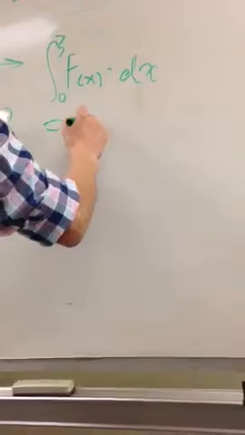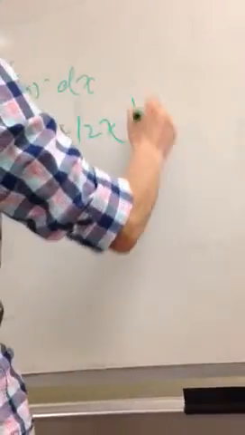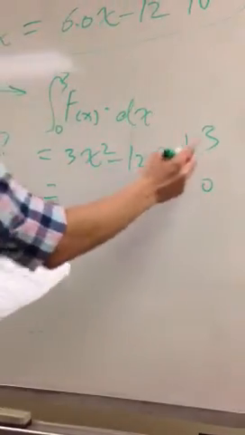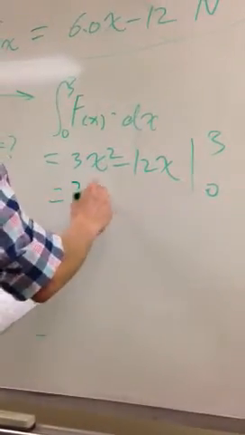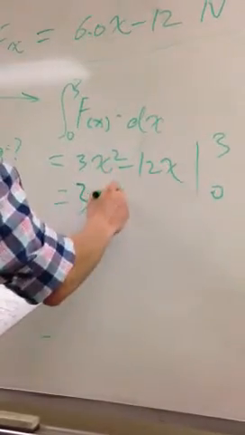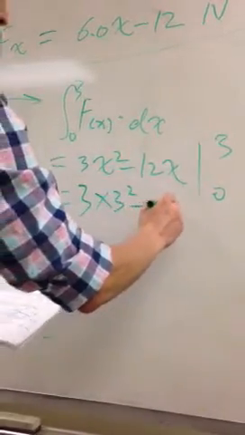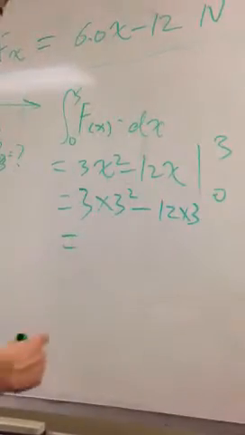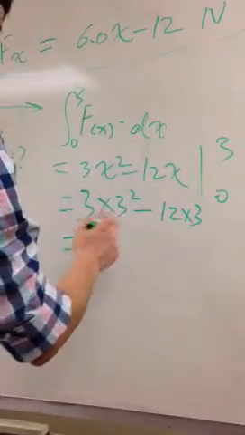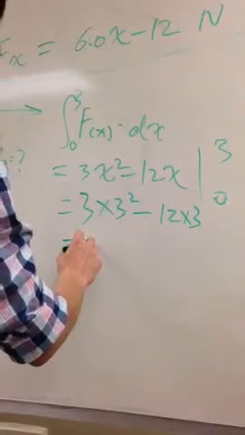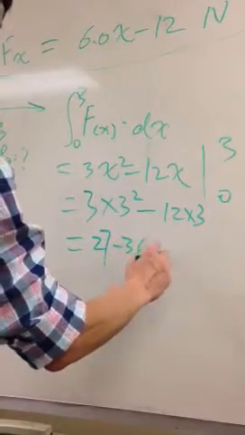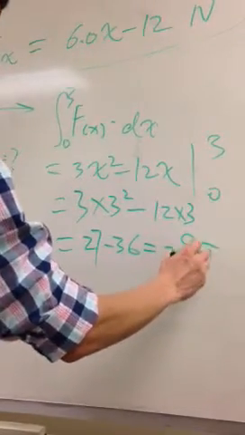That will be 3x squared minus 12x, from 0 to 3. 0 will be 0, so if you calculate 3 times 3 squared, which is 27, minus 12 times 3, which is 36, that's negative 9.